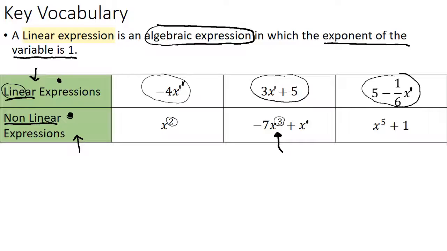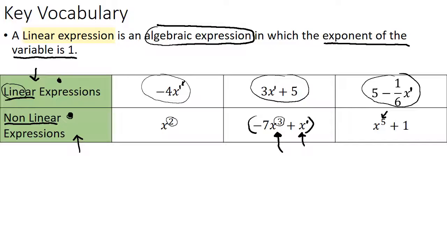So this x to the third power beats out this x to the first power and makes it so that this whole expression here is still nonlinear. As we look at this next one right here, we can see this is to the fifth power, which again makes it nonlinear.